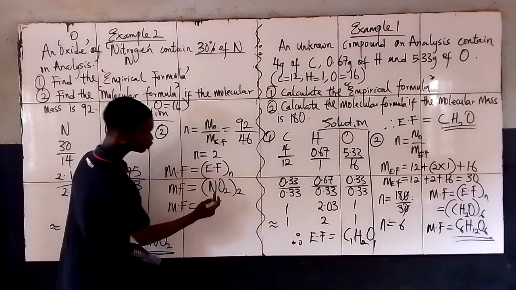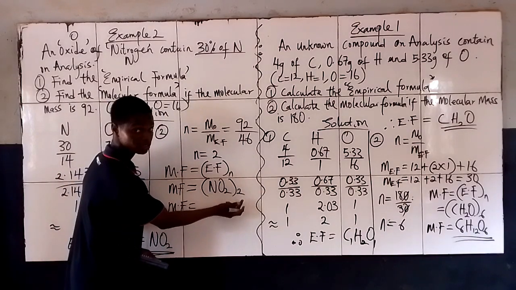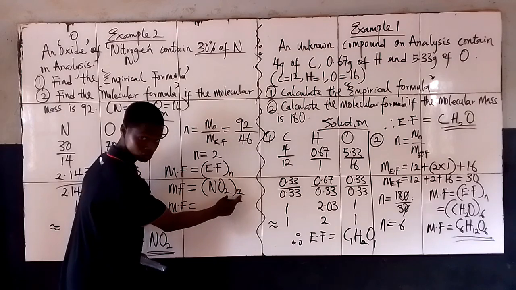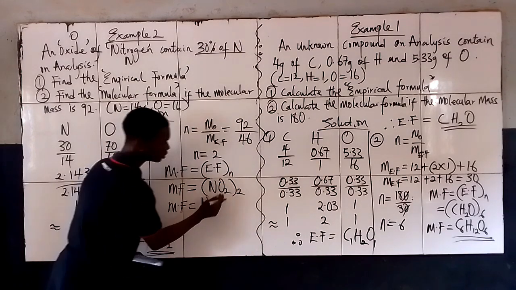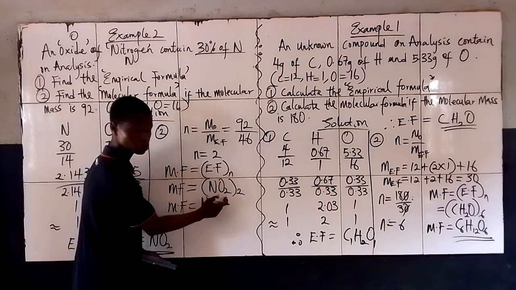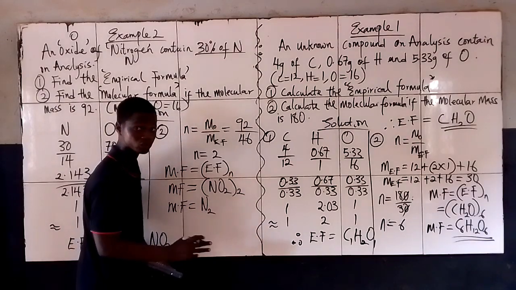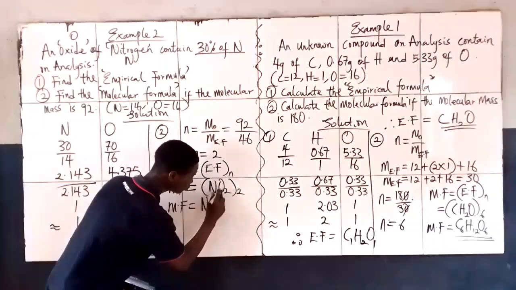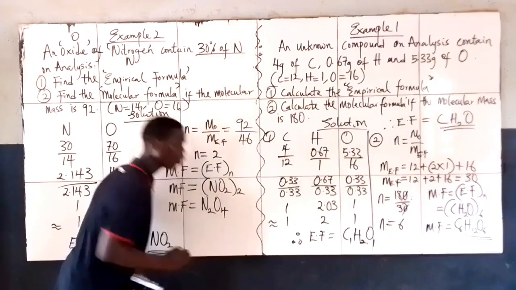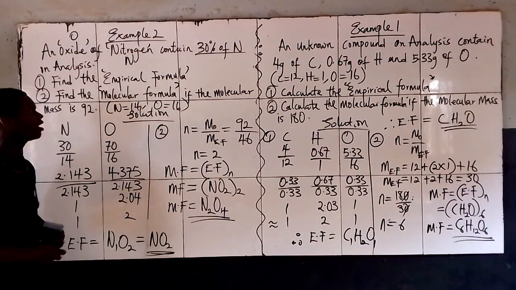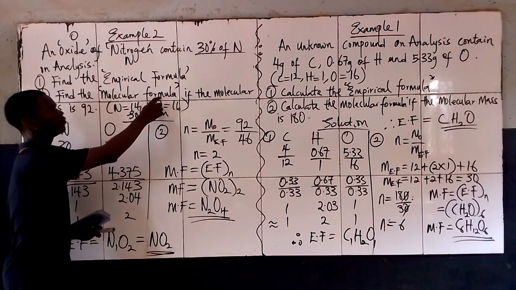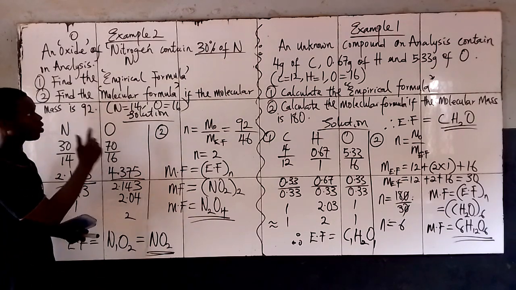It's 1. So 1 times the 2 outside is 2. So this will be N2. Now, O2, what is the subscript here? 2. 2 times the 2 outside will now give us 4. So this will be O4. And this will be the answer for the molecular formula of this unknown compound.